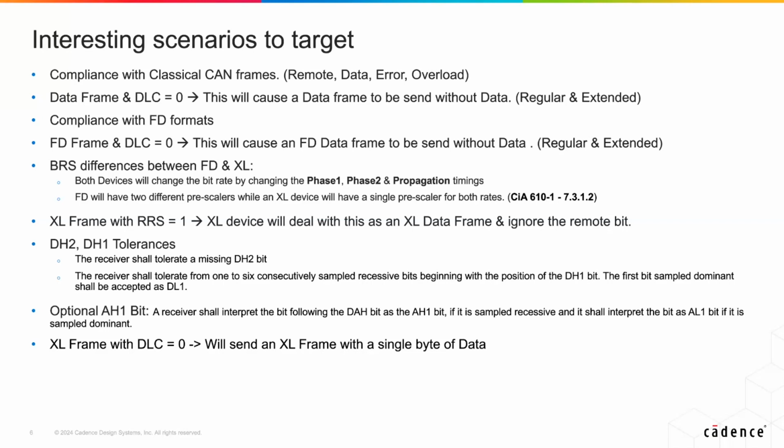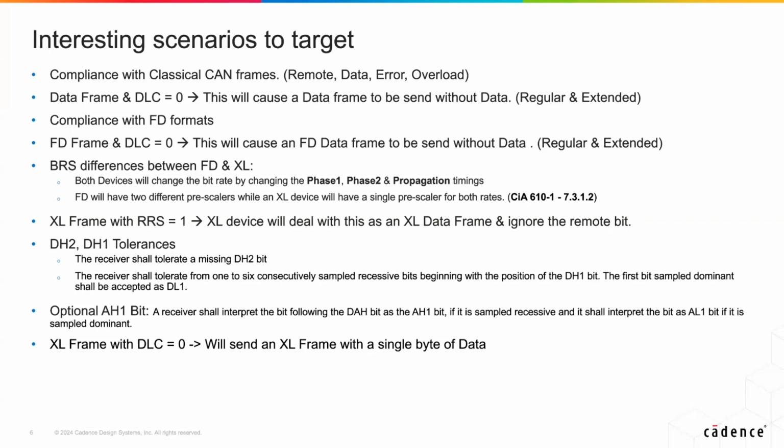Now, in CAN XL and CAN FD, there's a slight difference in FD frames regarding the bit rate switch. In CAN FD, there are technically 2 prescalers allowed on your device: a prescaler for the nominal phase and a prescaler for the data phase.